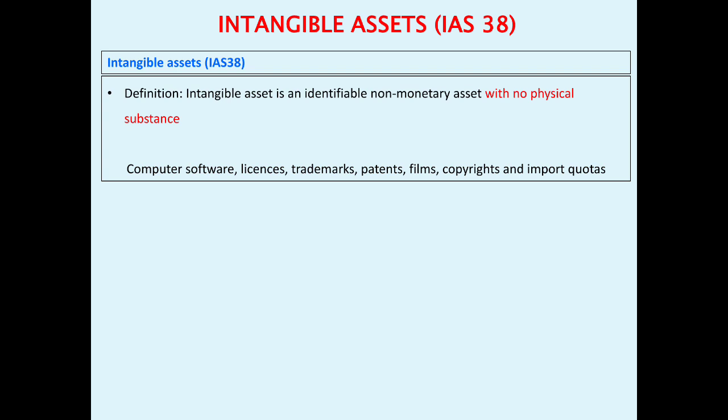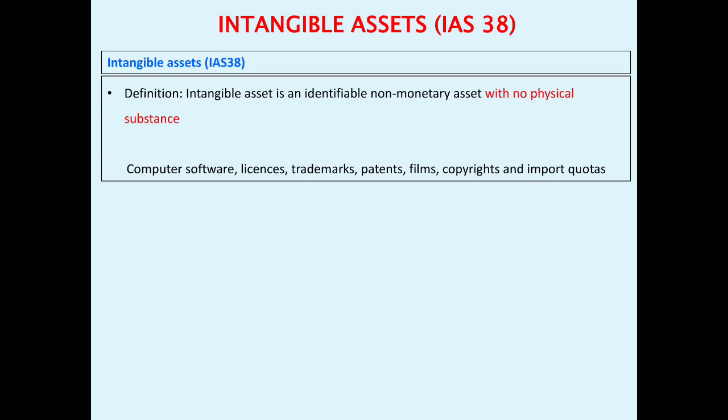Now, what's the definition of an intangible asset? You will break this definition up to prove an intangible asset, so know this definition by heart. An intangible asset is an identifiable non-monetary asset with no physical substance. You might see that and wonder, what is identifiable?